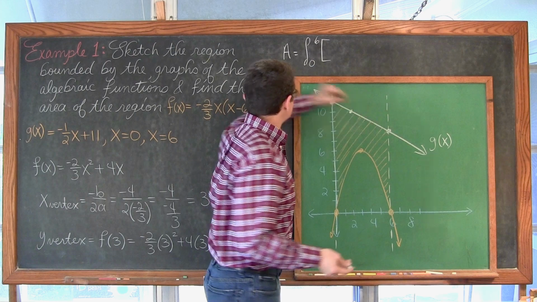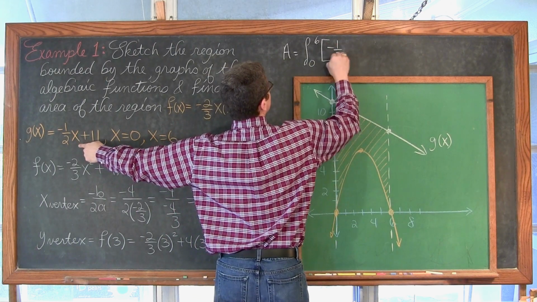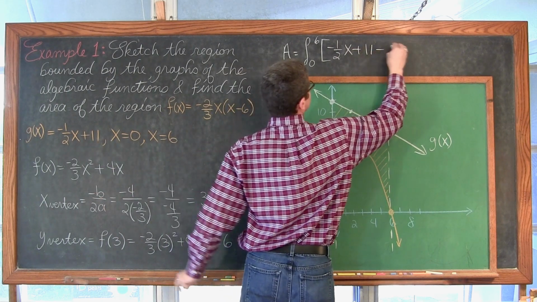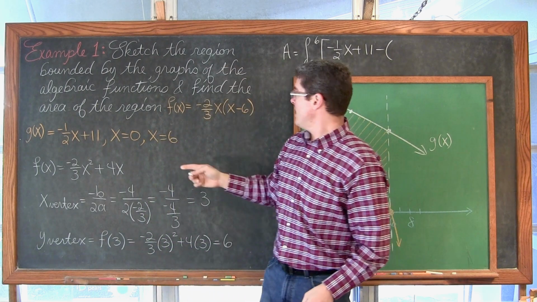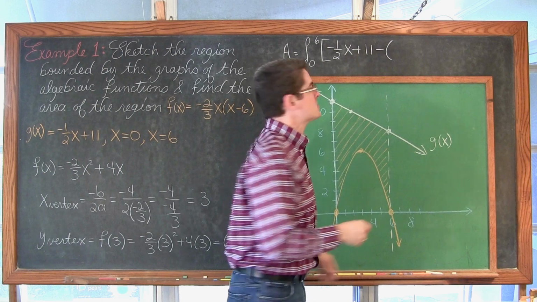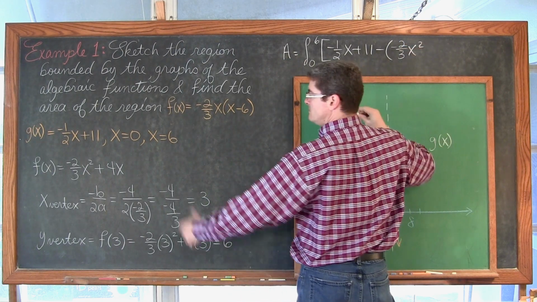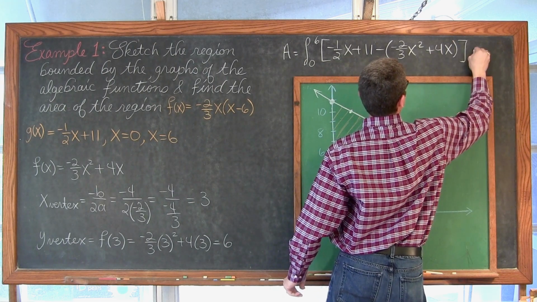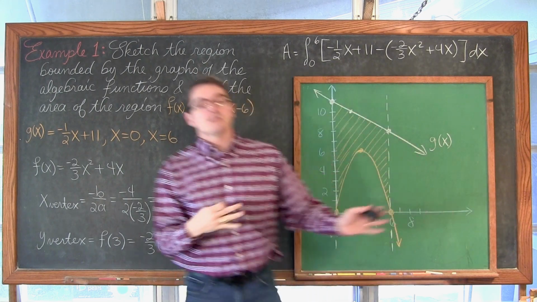So that straight line, g of x, was negative 1/2 x plus 11, minus the other function, our downward opening parabola, negative 2/3 x squared plus 4x, dx.